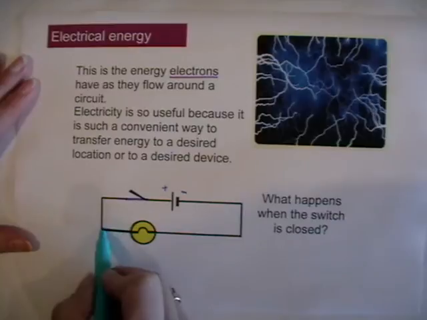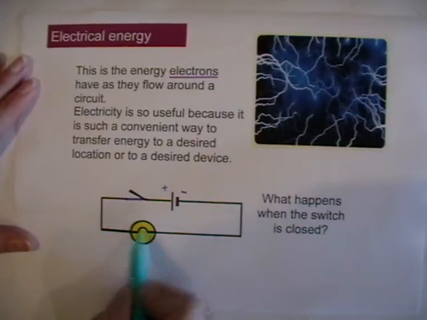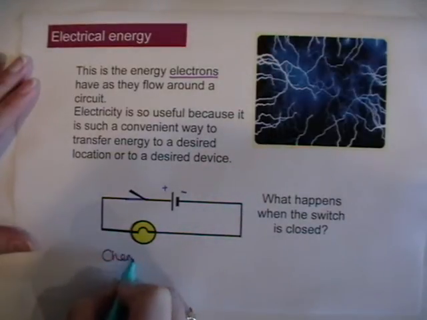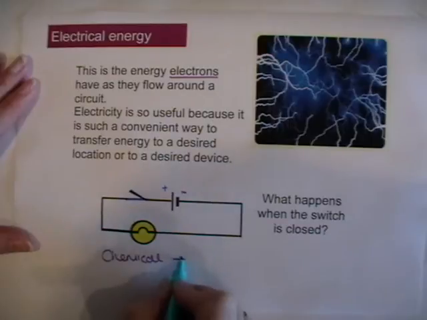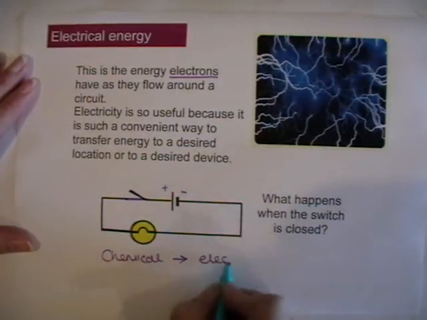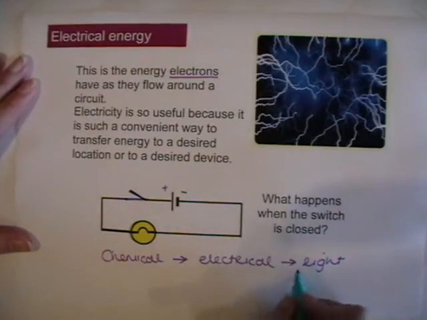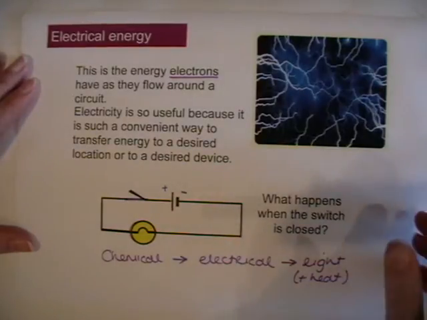As the electrons flow, they carry energy. That energy, when it hits the light bulb, is then converted to light energy. So we have the chemical energy in the battery is converted to electrical energy of the electrons, and that then is converted to light energy and also some heat, because as we'll find, the bulb heats up.